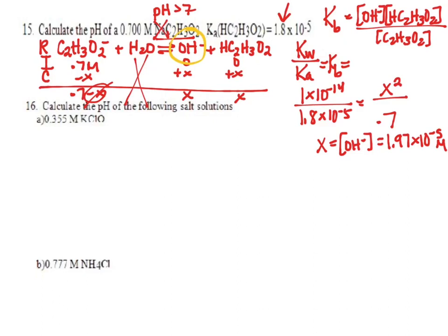And our question didn't ask for that. Our question asked for the pH. So if we take the negative log of that, we get 4.705. Wait, our pH or pOH? It asks for pH, but we need to find the pOH first. Okay. And pH, therefore, ends up being 9.295.